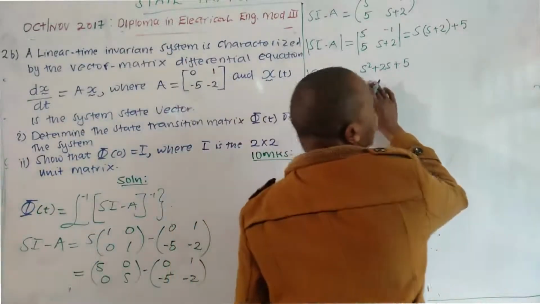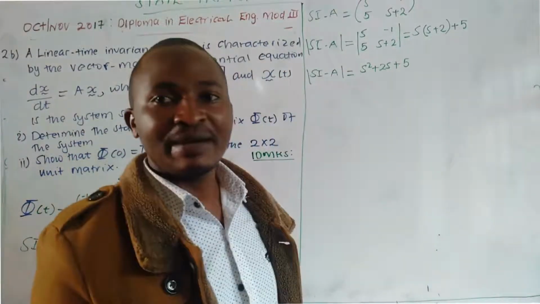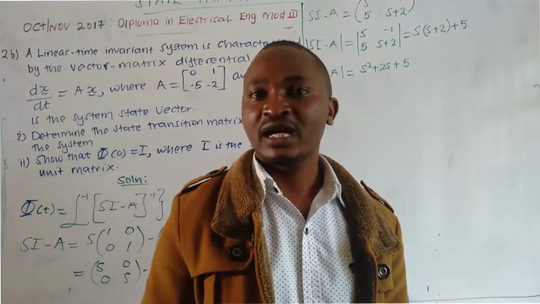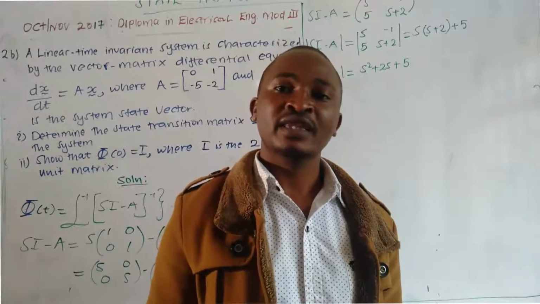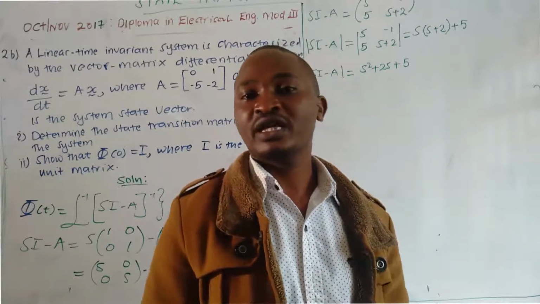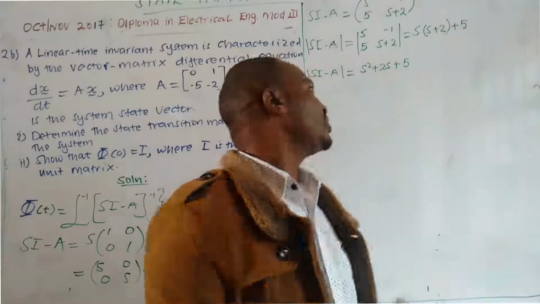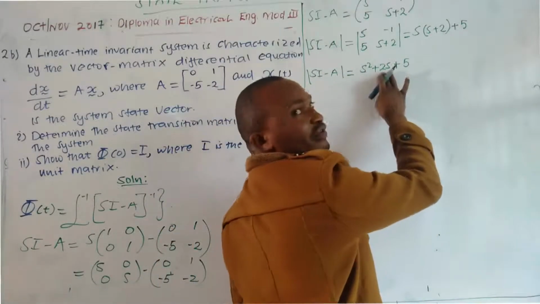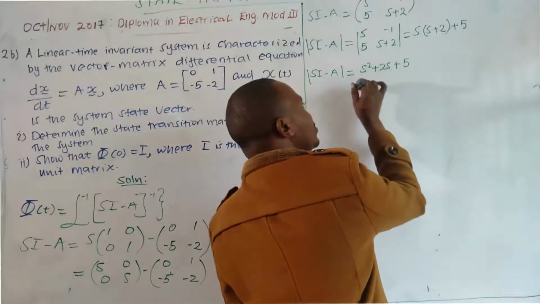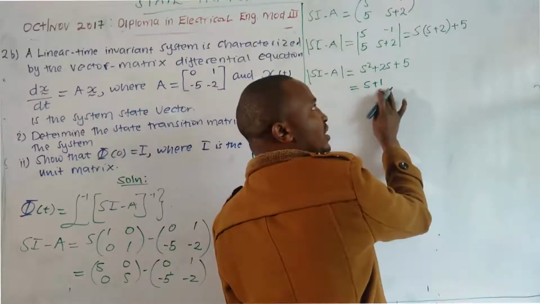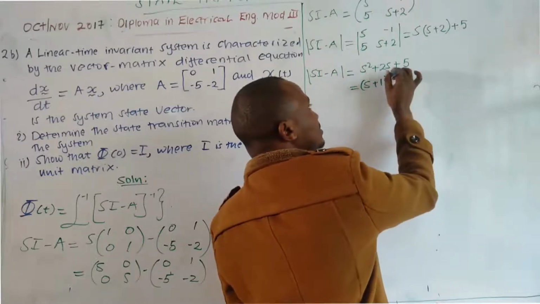Remember what we said in Laplace transform. If you have not watched my videos on Laplace transforms, I highly suggest you watch them before watching this part. Watch them on the link shown here. We said in Laplace transform, you take half of the coefficient of s, so you say it is s plus half the coefficient of s, which is 1, and you square that.